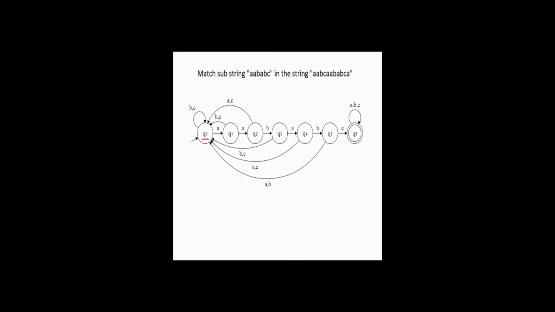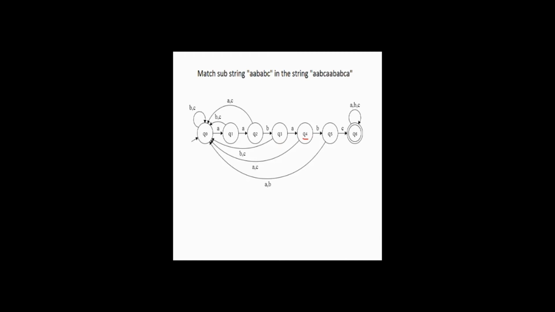We read another A and transition to state Q1. Now in state Q1 we read another A and transition to state Q2. In state Q2 again we read a B, transition to state Q3. In state Q3 we read another A, so transition to state Q4.